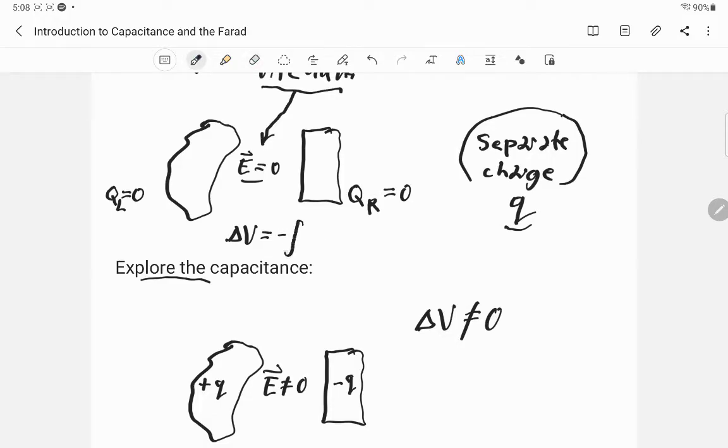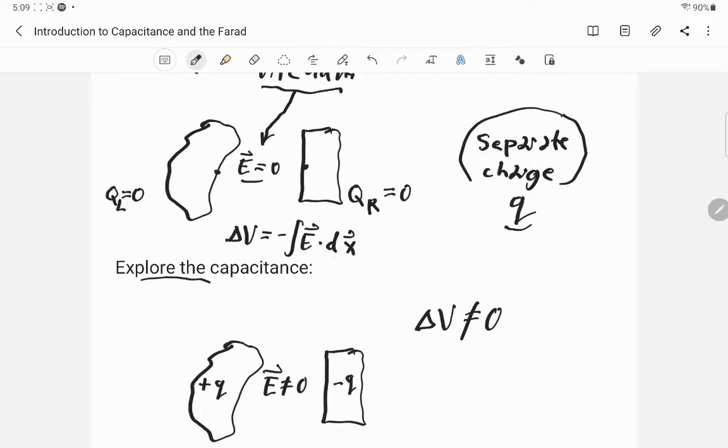Up here, with the electric field being 0, if you calculate the potential difference, you're only ever going to calculate 0, right? Remember that the potential difference is negative the integral of E dotted over some way to displace, right? So the potential difference that I'm talking about is the potential difference from, say, this place to this place.